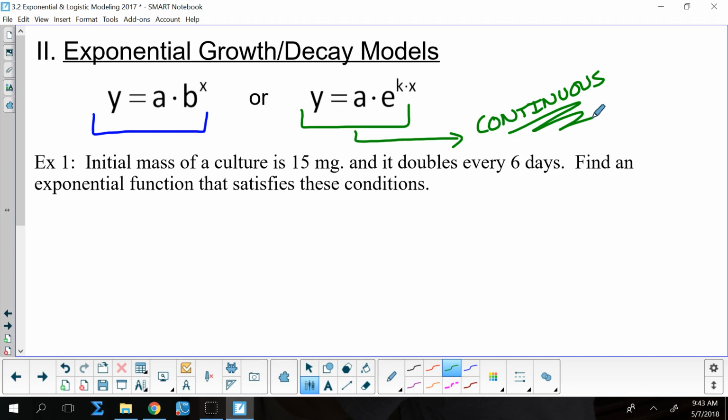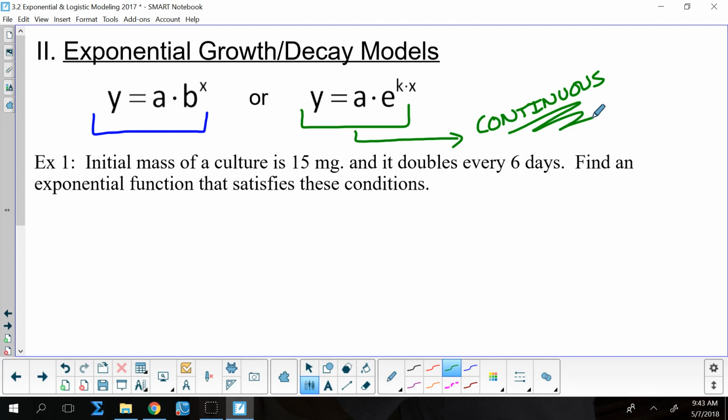So if it's continuous, it's always increasing. Always. It's not that we get to a certain point and then it increases or decreases, and then we go another time frame and get to a certain point and it increases or decreases again. It is continuously increasing or decreasing.